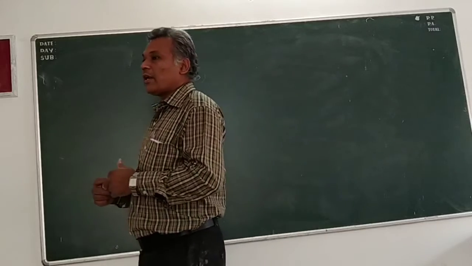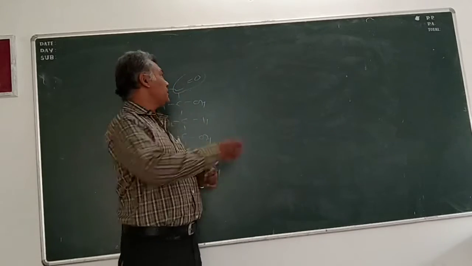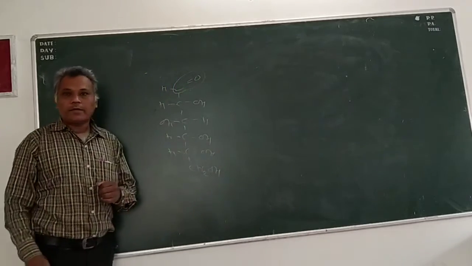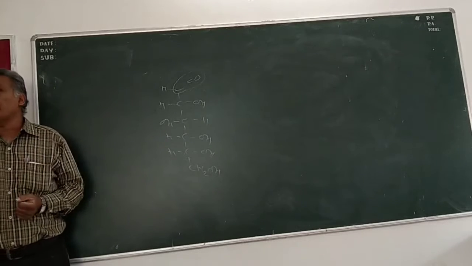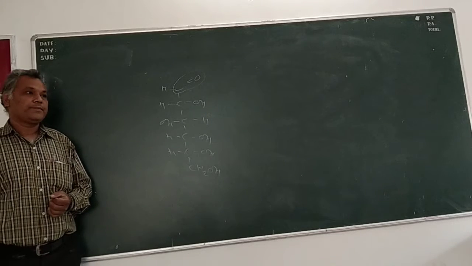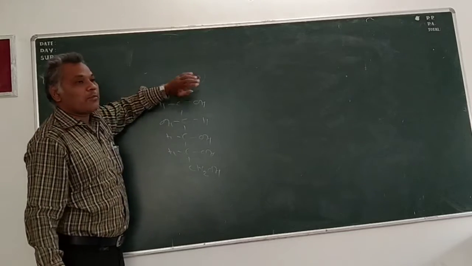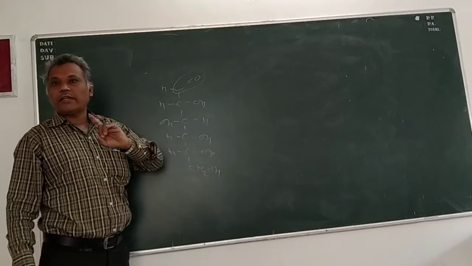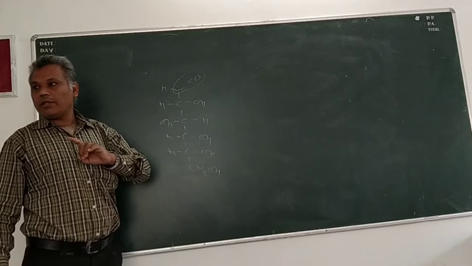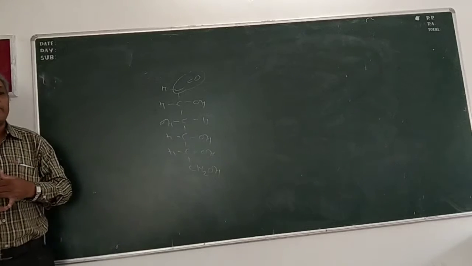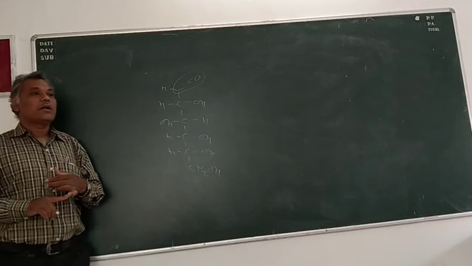All these functional groups have C double bond O, so all of them give identical reactions. So we want to prove only that it's a carbonyl group, not an aldehyde.